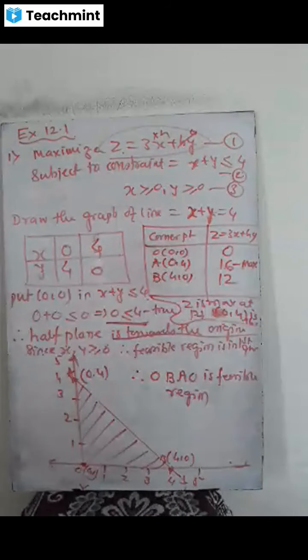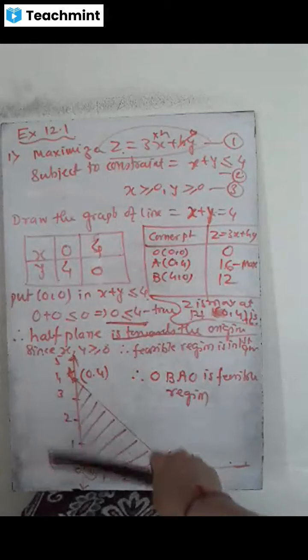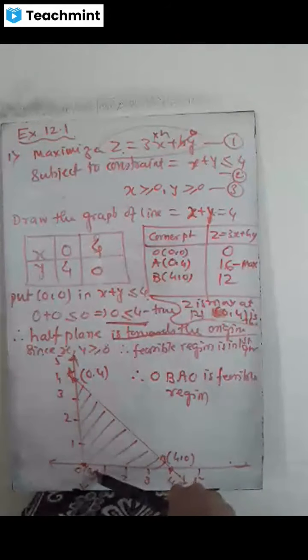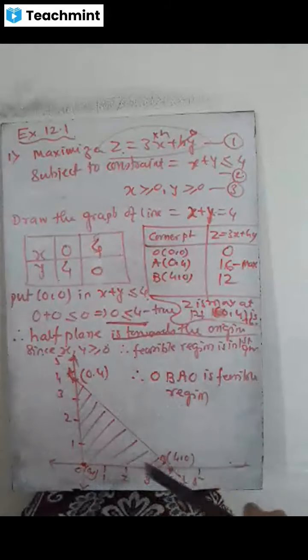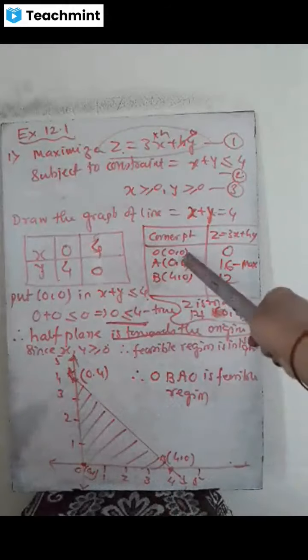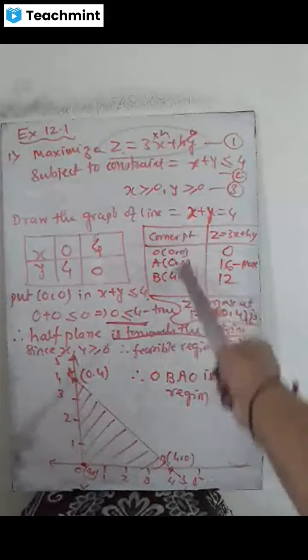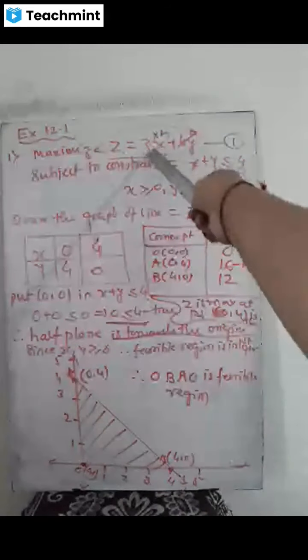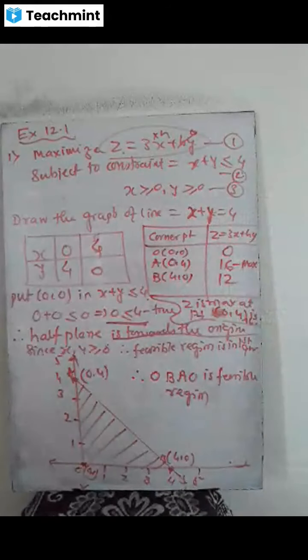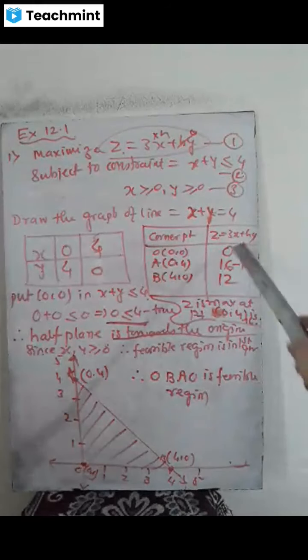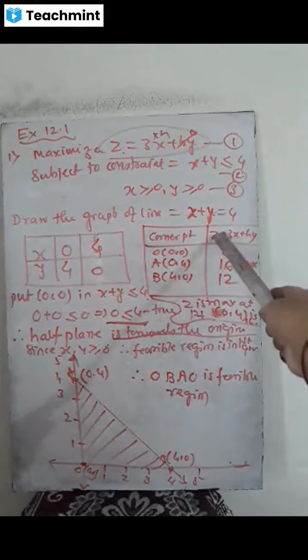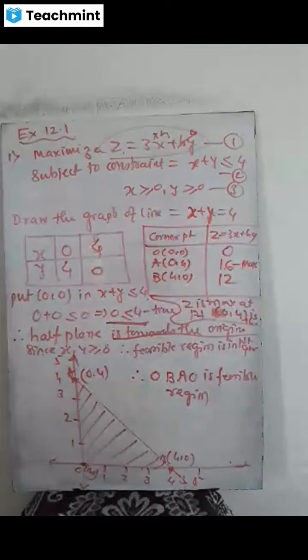Now what are the corner points here? Here O(0, 0), A(0, 4) and B(4, 0) are the corner points for this region, and for all these three corner points we will find the maximum value. The equation for z is given as 3x plus 4y. Putting x and y as 0, we get the value of z as 0.